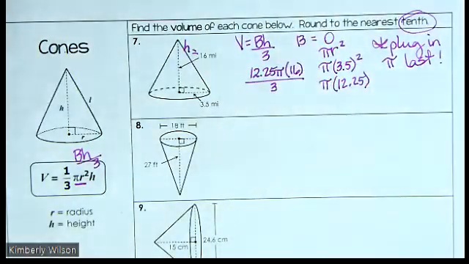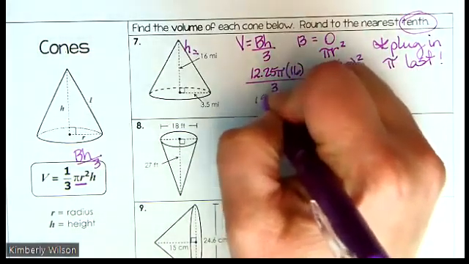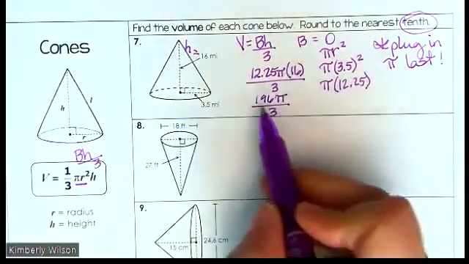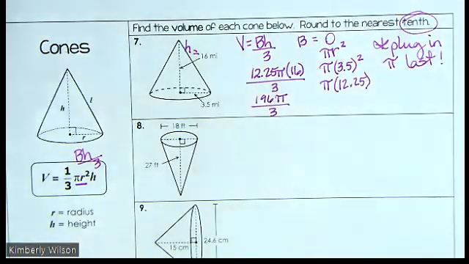So I'm going to have 12.25 times 16, so I have 196 pi divided by 3. Now, if I think about my divisibility rules, nope, that's not going to work. 196 divided by 3.